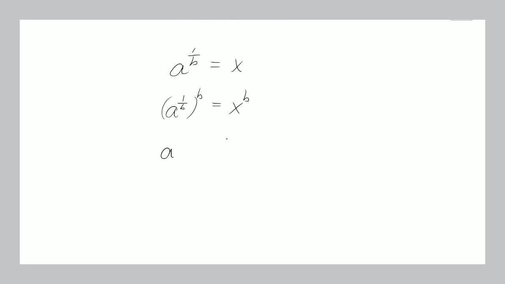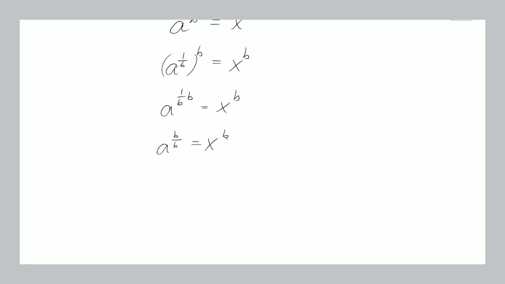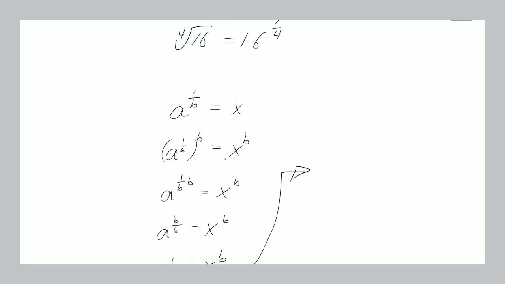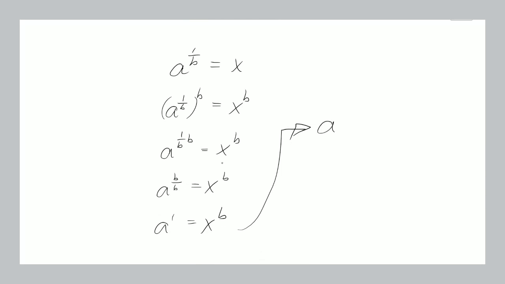Which means we have a to the power of 1 over b times b, which means a to the power of b over b, which means a to the power of 1, which tells us that a equals x to the power of b. So x is what? x is something you have to multiply by itself b times in order to get a. Right? So x is the bth root of a.